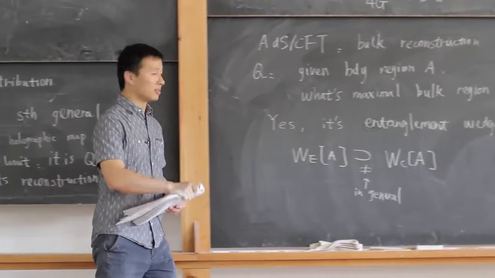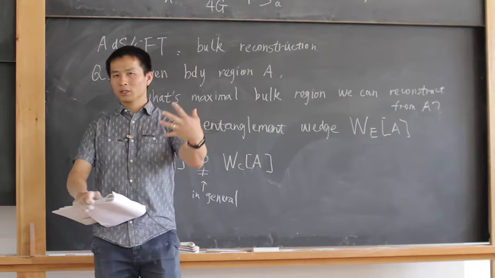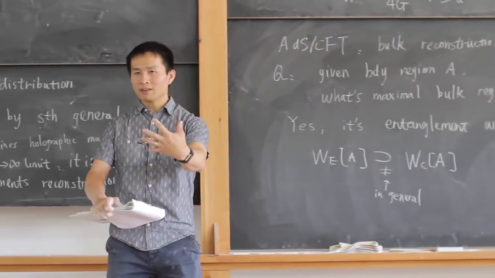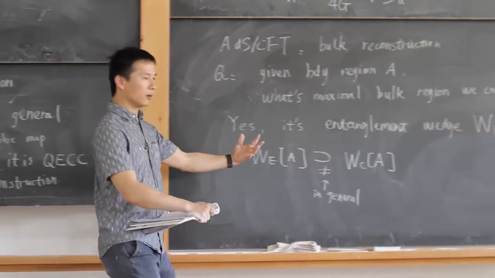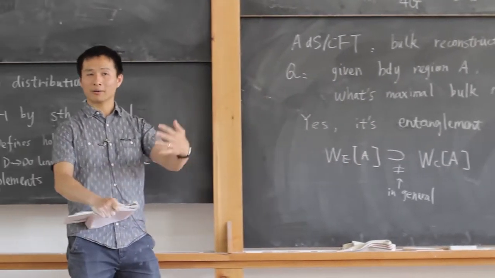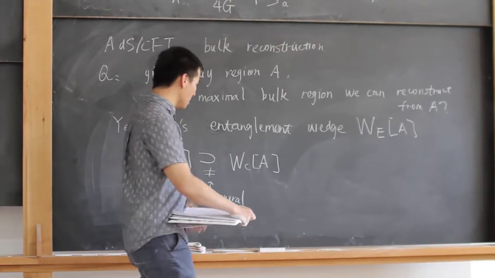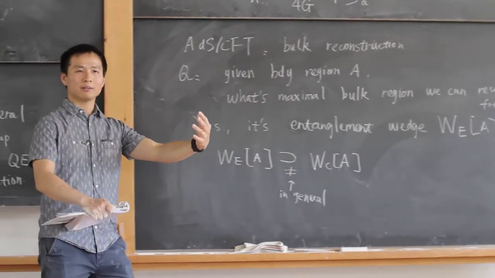So what that means is we can actually, from some boundary region, reconstruct physics not just in front of the horizon, because the causal wedge is bounded roughly by some kind of horizon, can be a black hole horizon or some Rindler horizon, or the analog of that. But we can really go behind the horizon.